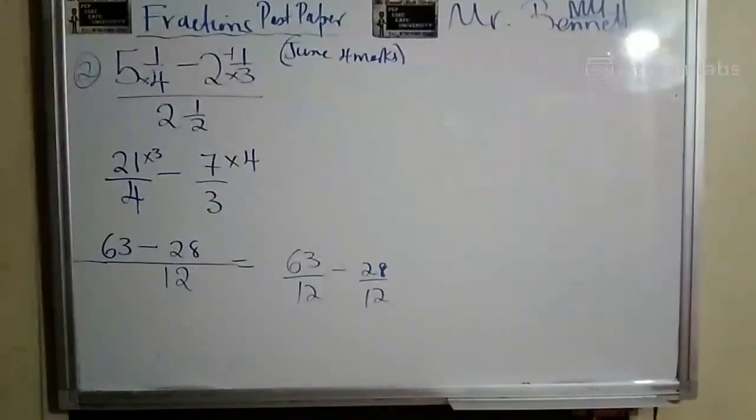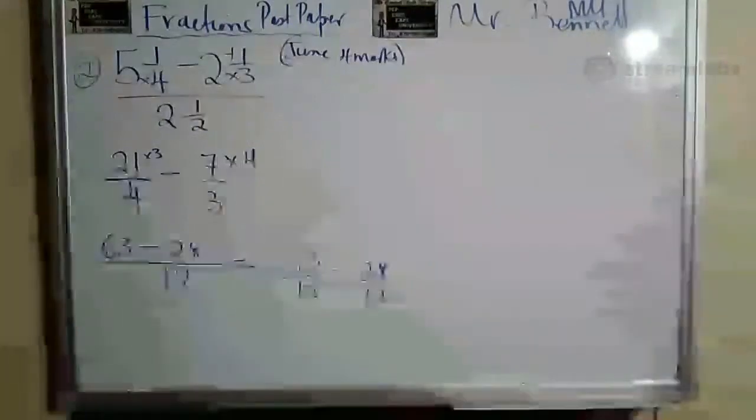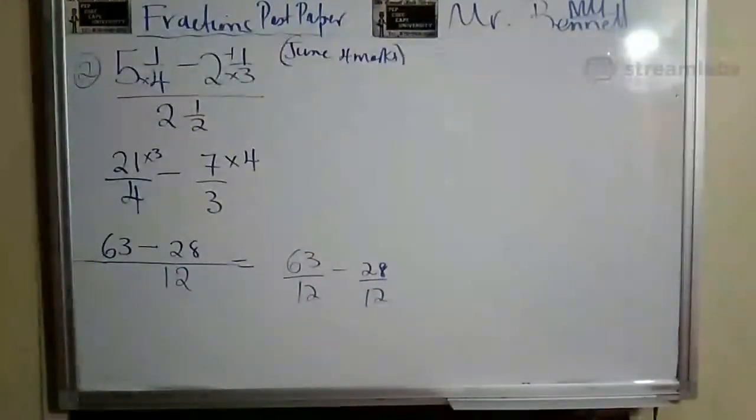When the denominators are the same, we can simply just subtract and we get the answer, alright? So 63 minus 28, that gives us 35, right? So it's 35 over 12.